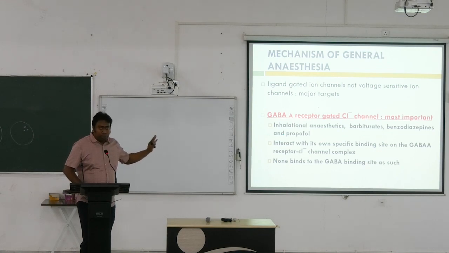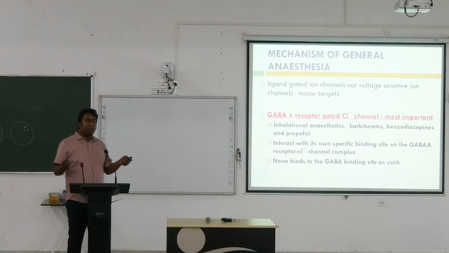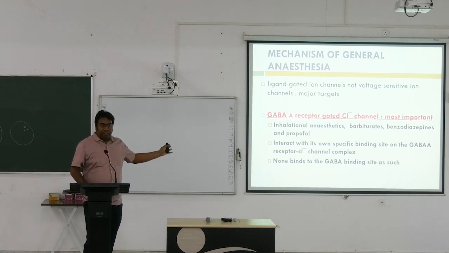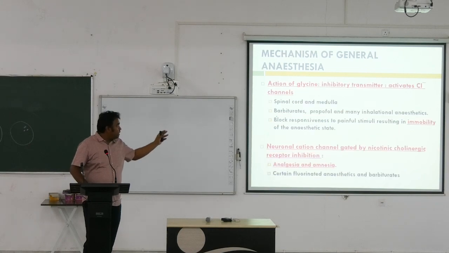First one and most important one, GABA A. GABA A is excitatory or inhibitory? GABA A is inhibitory. Glycine is inhibitory. So, all these drugs act on GABA A and glycine, and there is opening of chloride channel, and there is hyperpolarization. So, there is a depression.